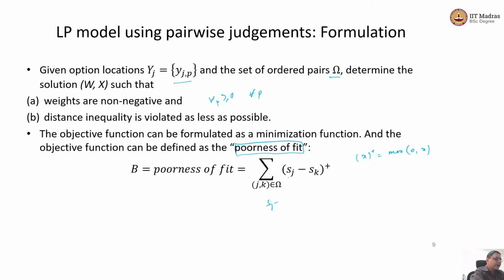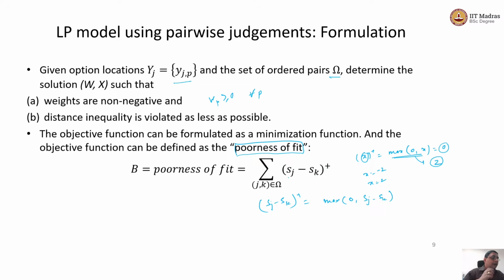So if x is negative 2, then x plus will be 0. However, if x is positive 2, then this will be 2. So depending on what value x takes, it will be either 0 or x. So Sj minus Sk positive will be defined as max of 0 and Sj minus Sk.